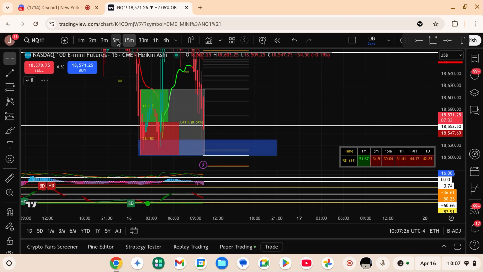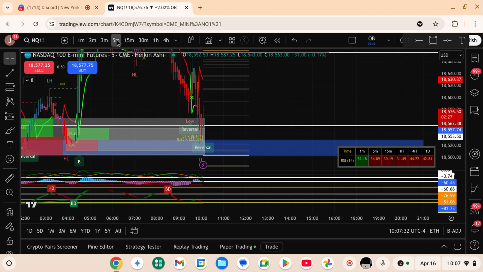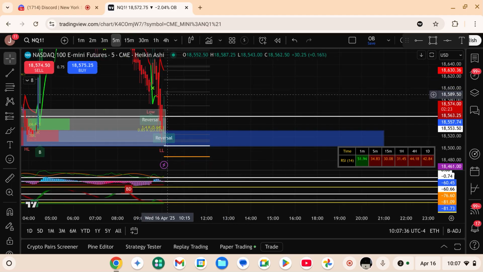Yeah, I'm not convinced to take longs just yet, especially since this candle has a long wick at the top and a long wick at the bottom.